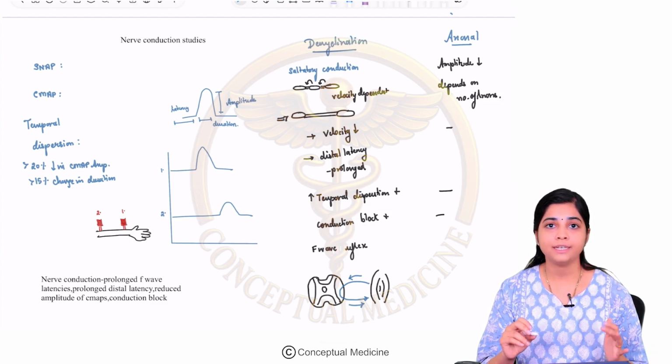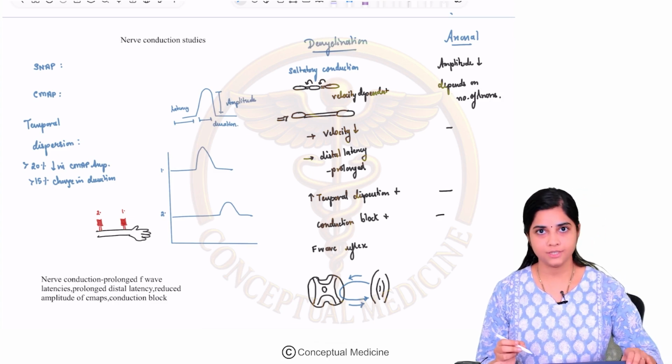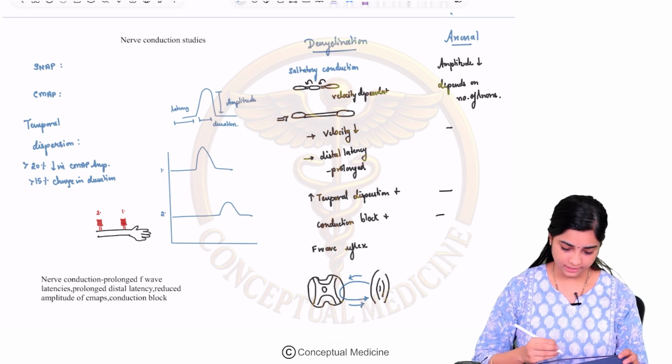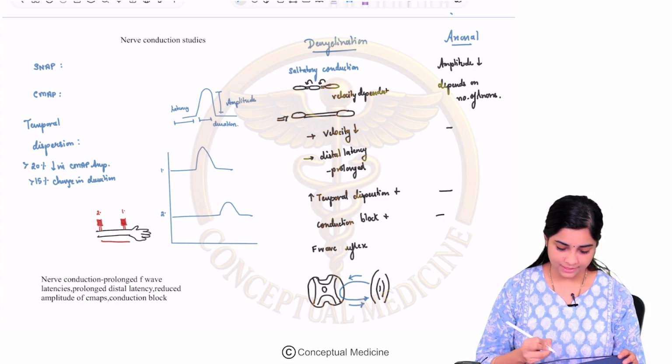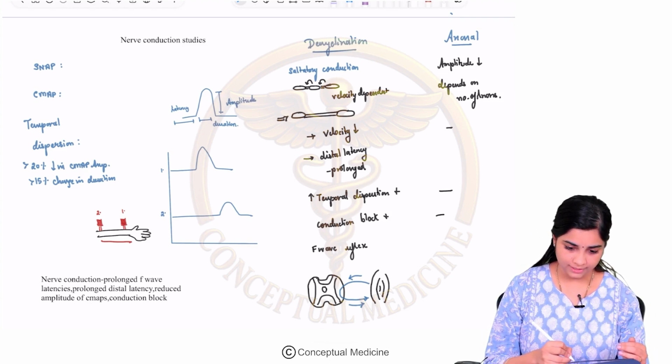Now let us look at the parameters that we see in a normal nerve conduction study. As this diagram indicates, let us say you are testing the median nerve.